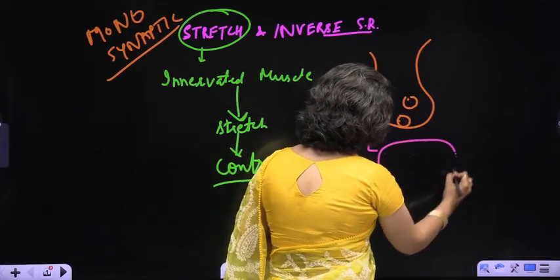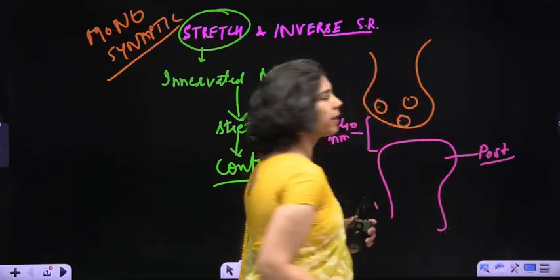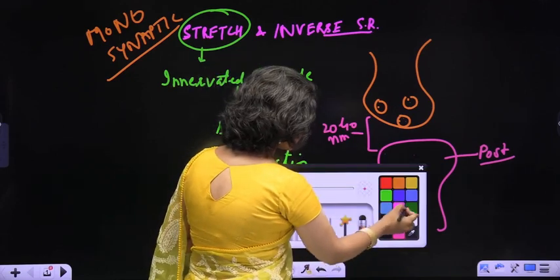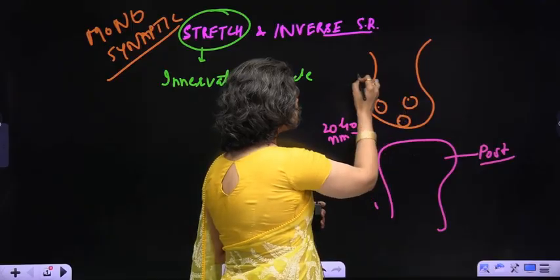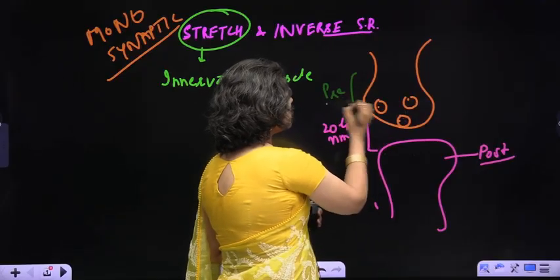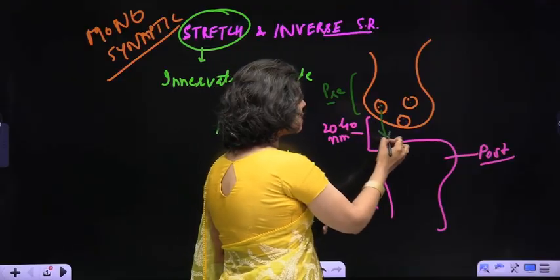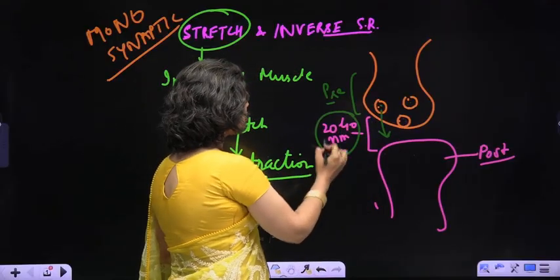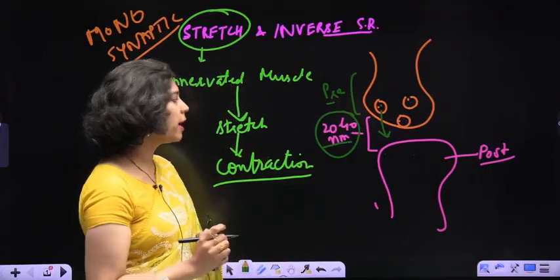And here is the postsynaptic membrane. The vesicles present over the presynaptic area contain neurotransmitters, which are released into the synaptic cleft. The thickness of this cleft is around 20 to 40 nanometers.